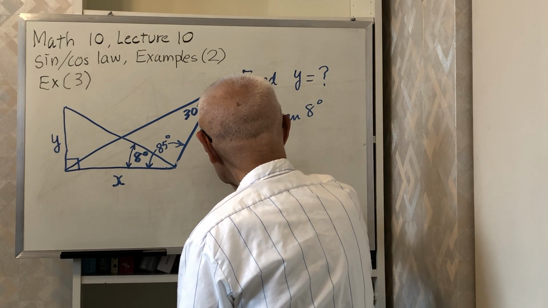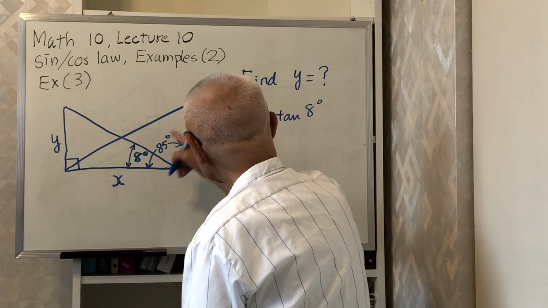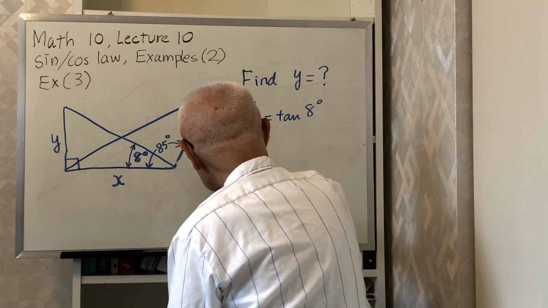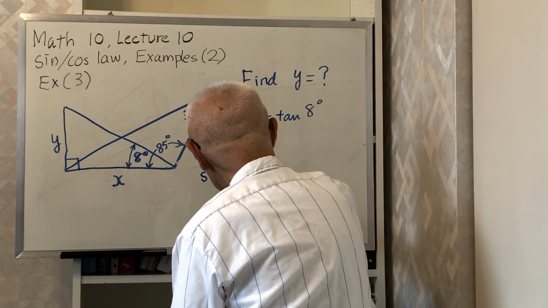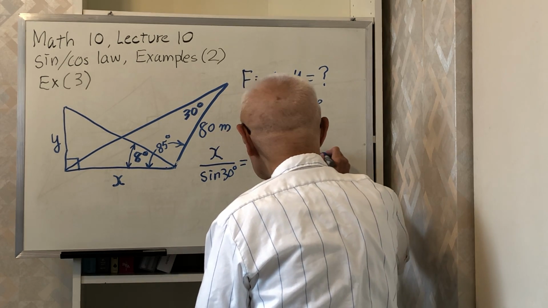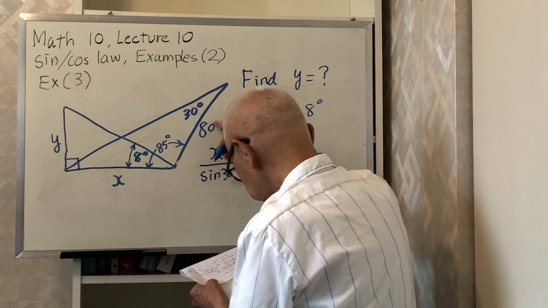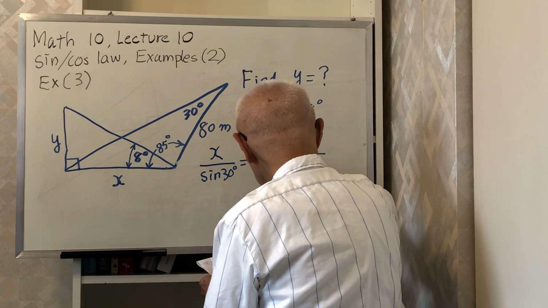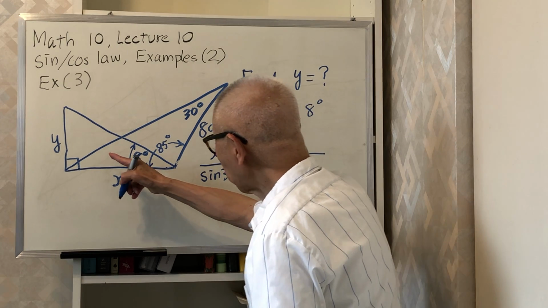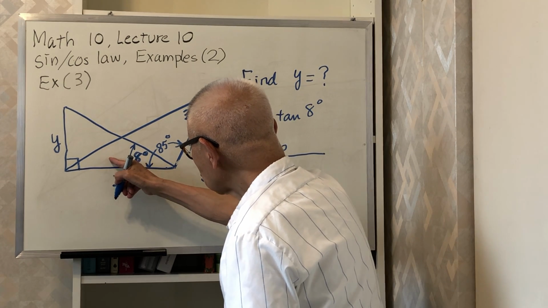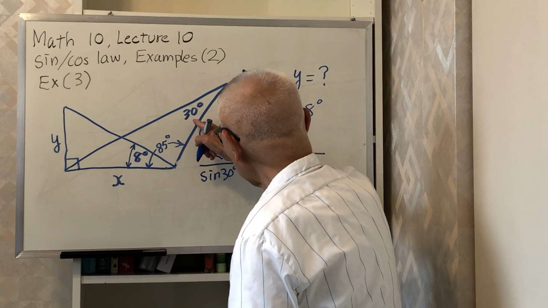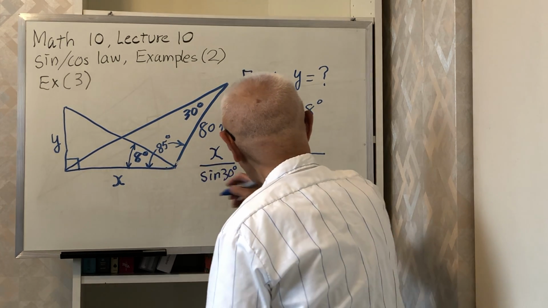X divided by sine 30 degrees is this side divided by sine of this angle. But this angle is 180 minus 30 minus 85.